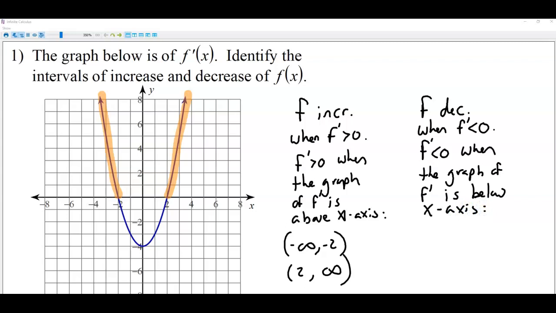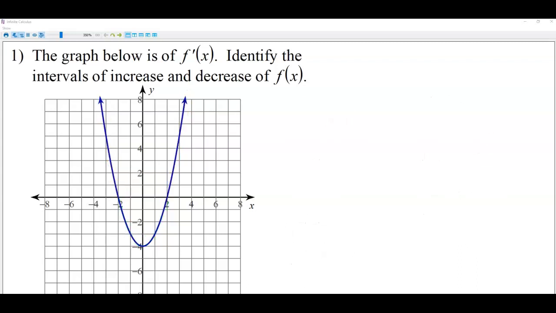And so we could see that's occurring here, and that's on the interval from negative 2 to 2. Okay, so that'll be one of your questions there. Let's go ahead and move along.